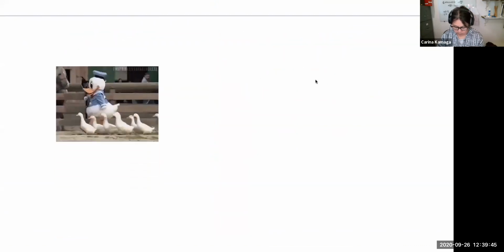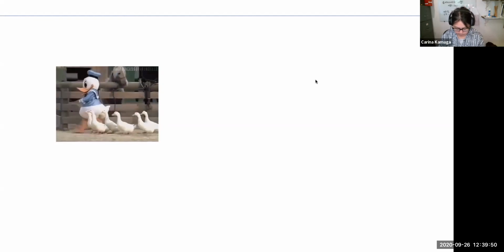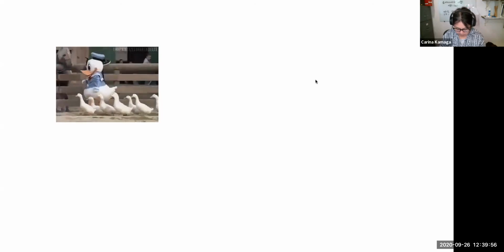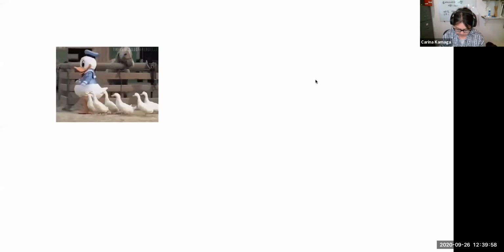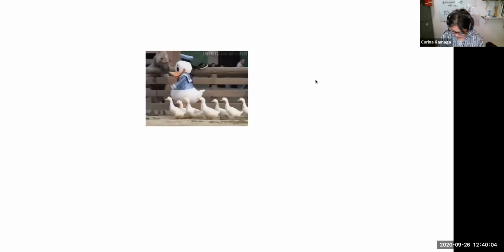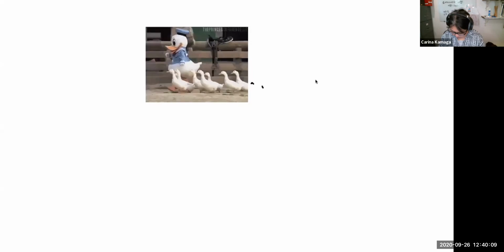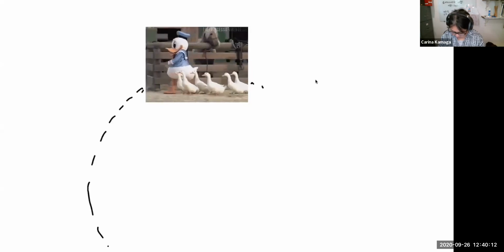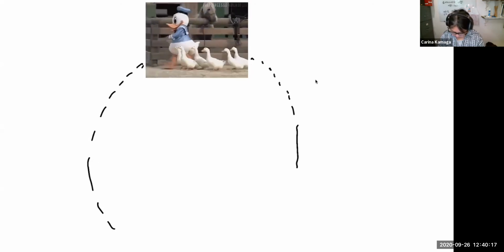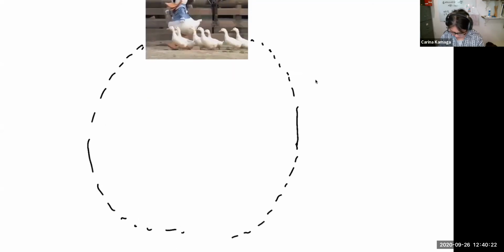So here, let's see. These ducks are moving in a circle. A big circle. This dotted line is the path of these ducks. This is how they're moving along this dotted path.